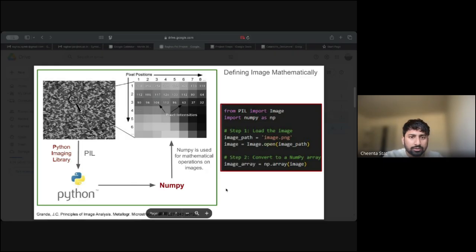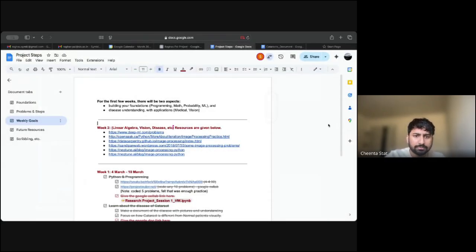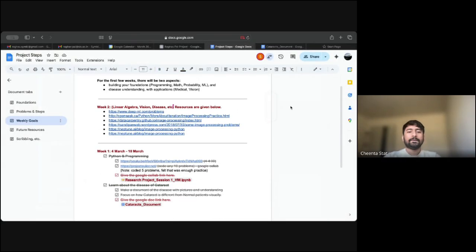Session one was mostly about Python intro and understanding. Now session two, the second class, will be mostly about data manipulation. Rather, I would say ML in Python, linear algebra, image processing. Let's just focus on image processing and this.